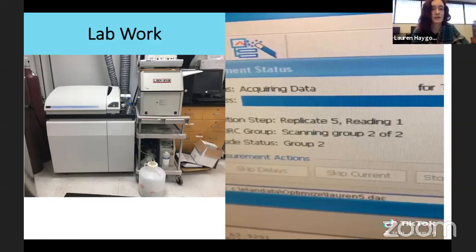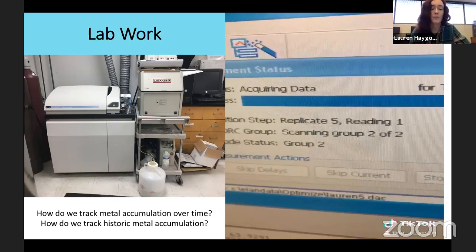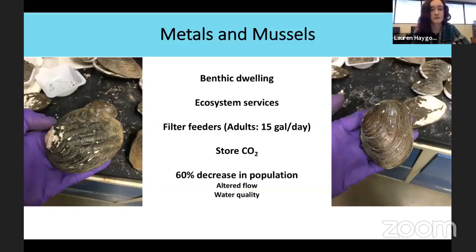So that's all fine and dandy for looking at present day stuff and what's going on now. But how would we even track metal accumulation over time in a river, and how do we track it historically? So that's where mussels come in. So mussels are benthic dwellers, so they live on the river bottom. They provide ecosystem services, so they're actually a very supportive organism to have.